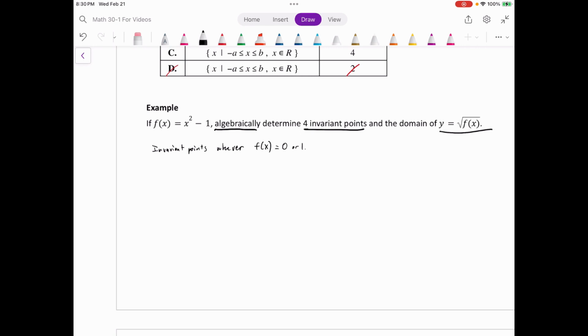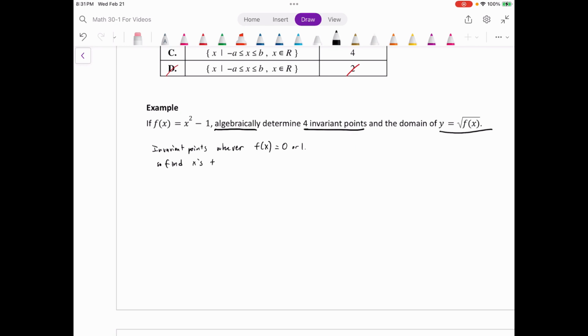So what we need to find is the x values that give that, right? What x's make this equal 0 or 1? Because to find the invariant points, we know right away the y values are 0 or 1, but it's a point, so it also has an x value.